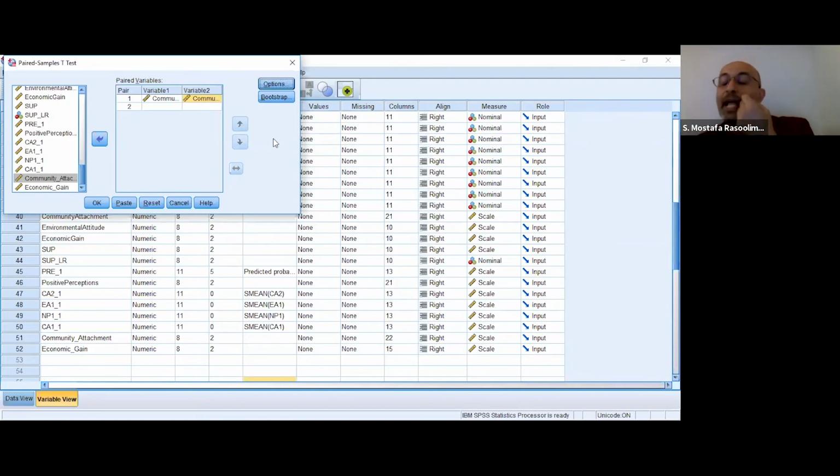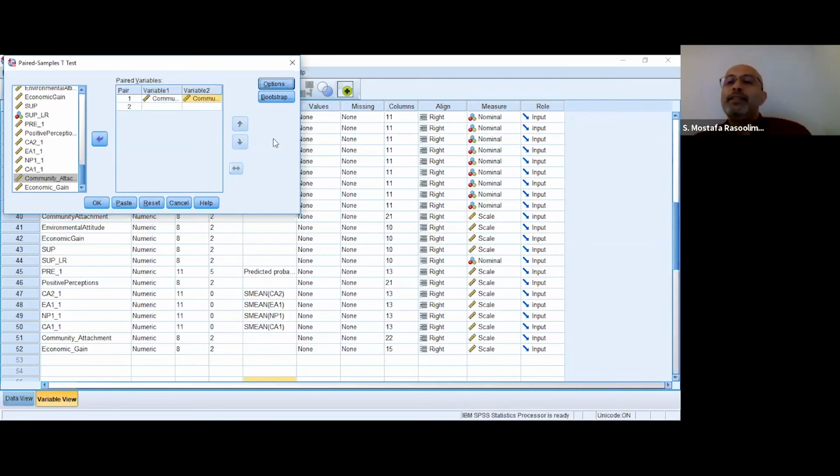Bootstrapping is a resampling method. Based on your sample, the software creates many more resamples and performs your test on these resamples. When we apply these different resamples, our data will transfer to normal data.